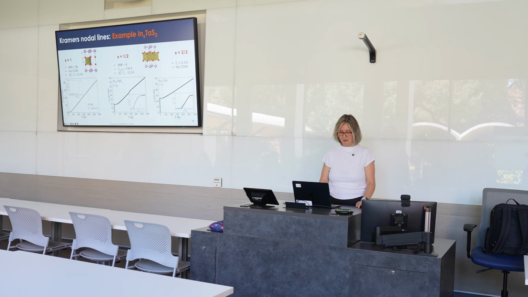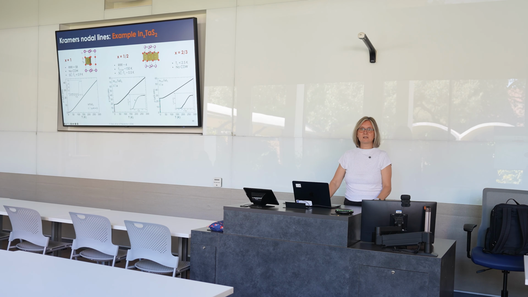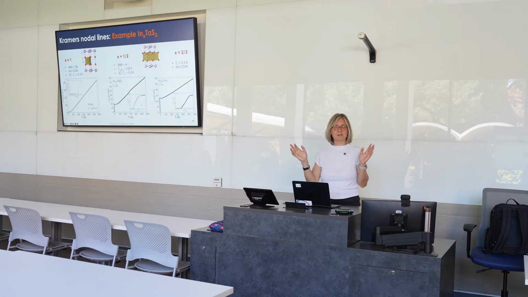For X equal 1, the transition is very sharp and occurs around 0.9 Kelvin. It's not so nice and much broader in X equal 1/2 and even more broad in X equal 2/3. Notice that the transition happens around 2.5 Kelvin or just below in one composition, and at 0.5 or so for X equal 1/2. Very big differences in TC.